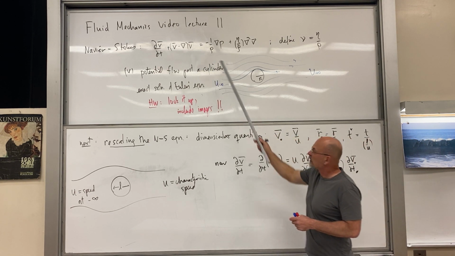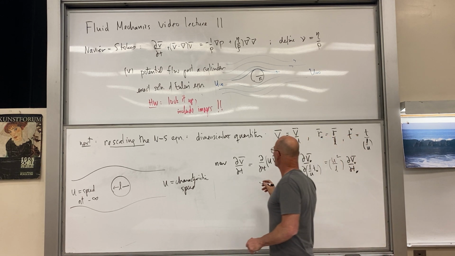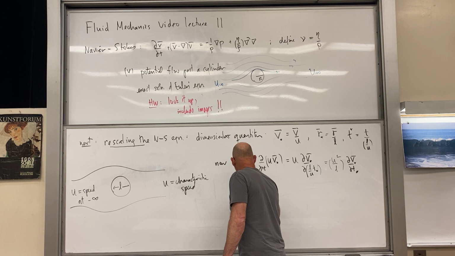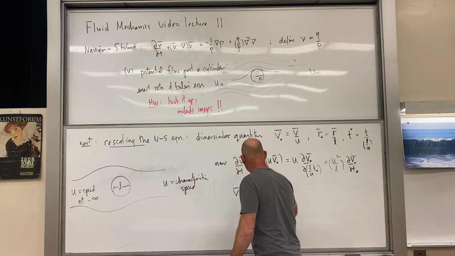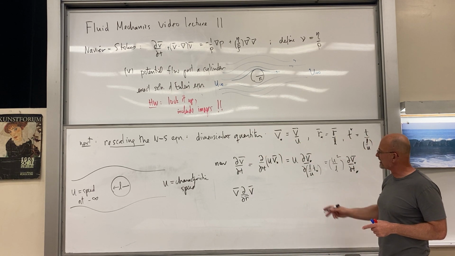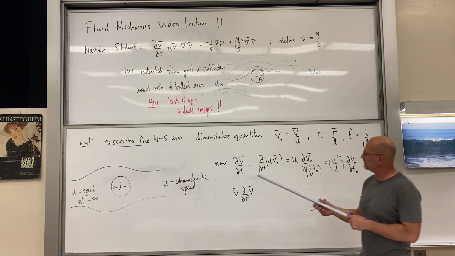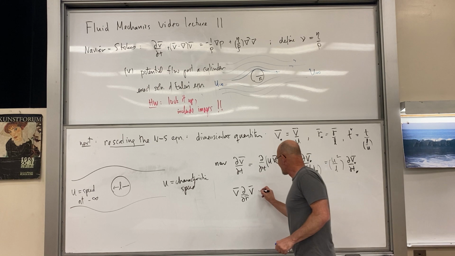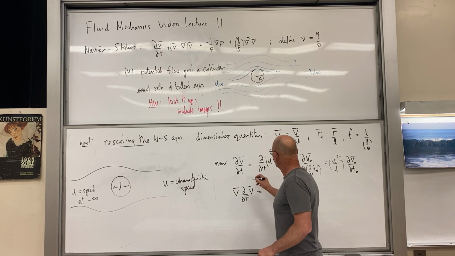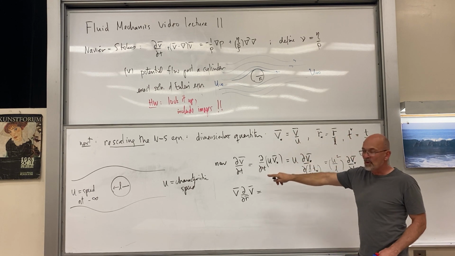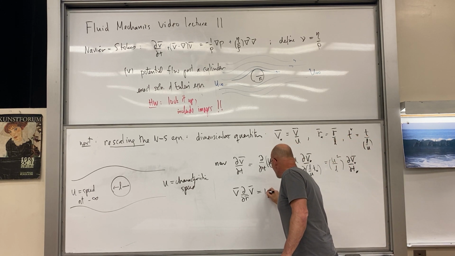Now for V dot grad V, we're going to write it this way: V d/dr V. I'm not worried about the actual components, I'm just worried about the dimensions here. That will allow us to write, for V, U V star, and we have it twice, so we're going to pull out U squared.